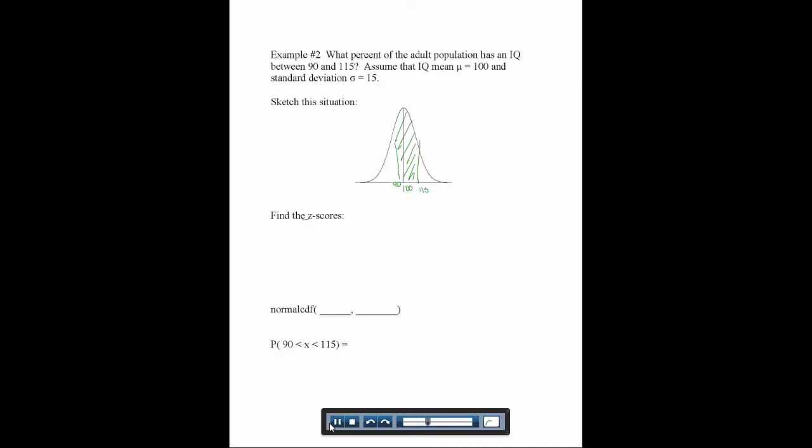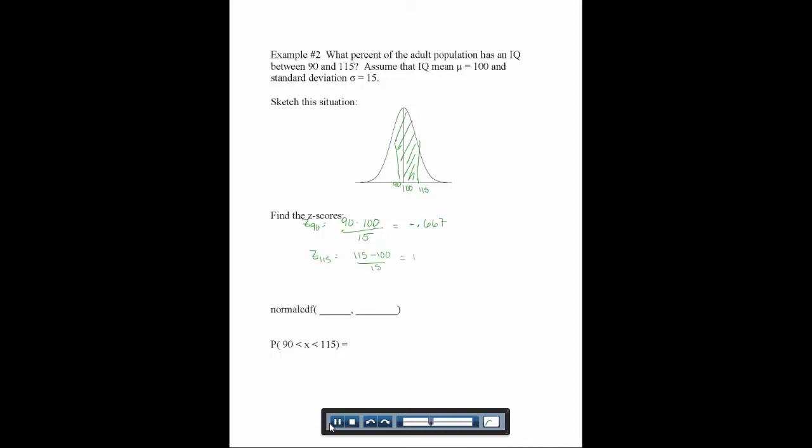The z-score of 90 is 90 minus the mean, 100, over the standard deviation, 15. That gives us negative 0.667. Then the z-score of the other boundary value, 115, is 115 minus 100 over 15, which is exactly 1.